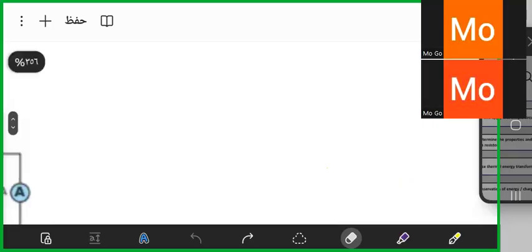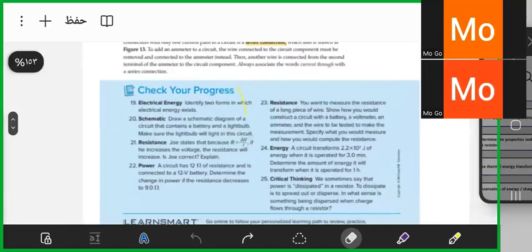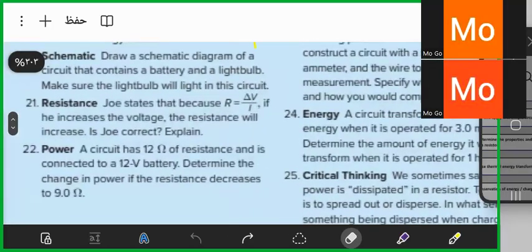That's what he wanted us to describe. So here now, because of this resistance, if he increases the voltage, the resistance will increase.